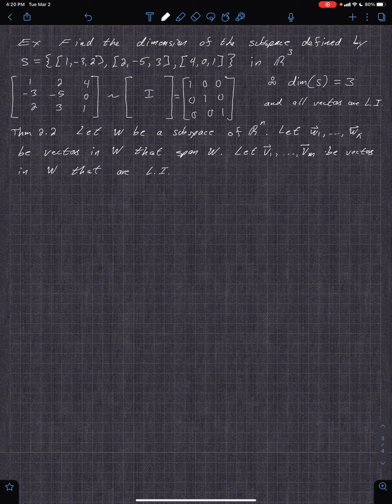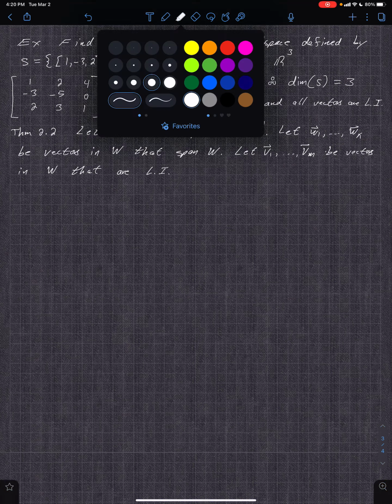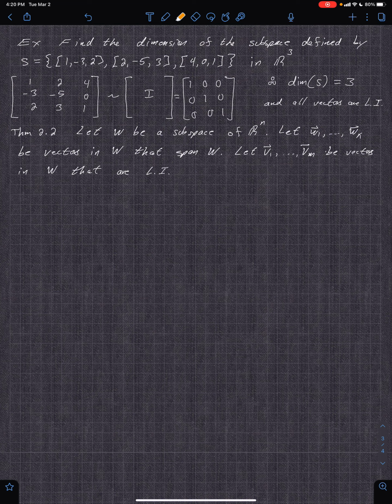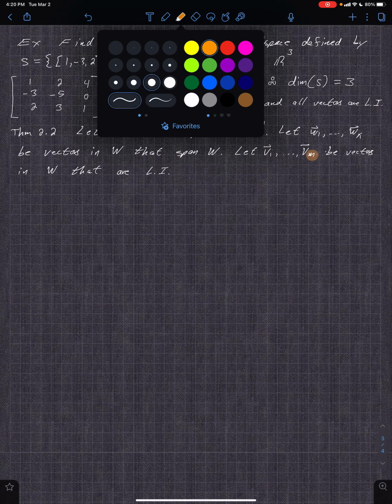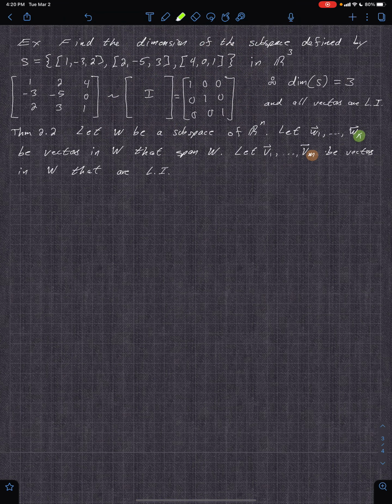So we're comparing the number of vectors. We're looking at M vectors that are linearly independent, but we know that K vectors span W. So our conclusion would have to be that K has to be greater than or equal to M. It can't be the other way around, right?